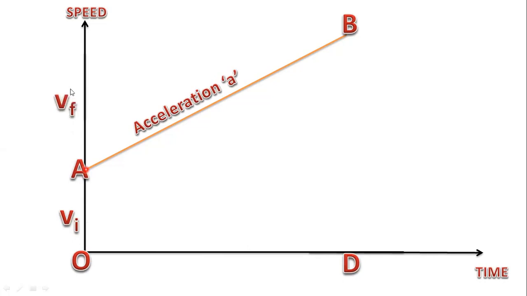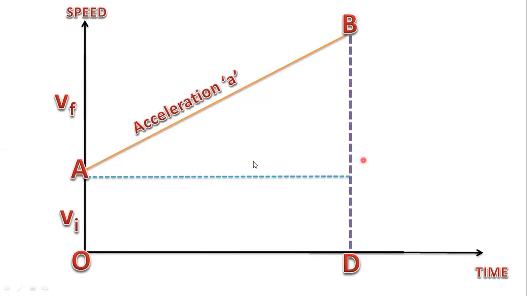Vf is the final velocity when it reaches point B, continuously changing. Now we draw a dotted perpendicular line on the timeline, the x-axis.